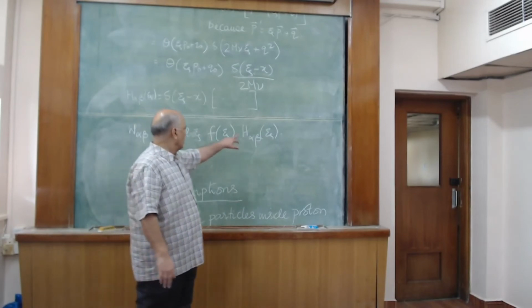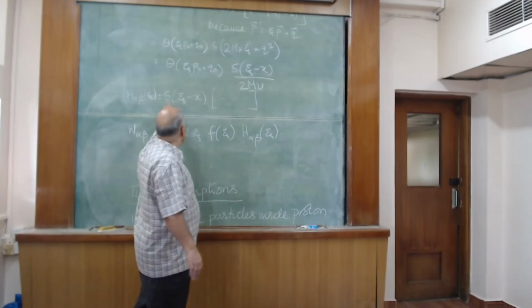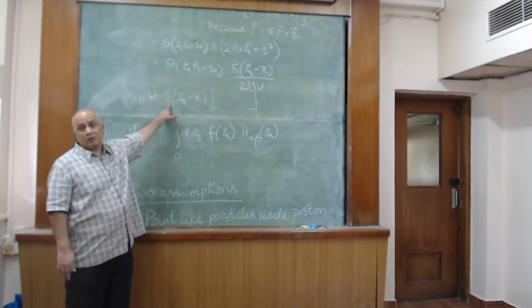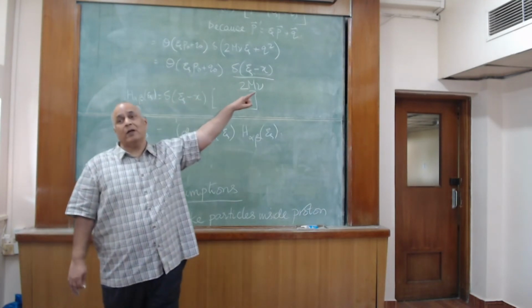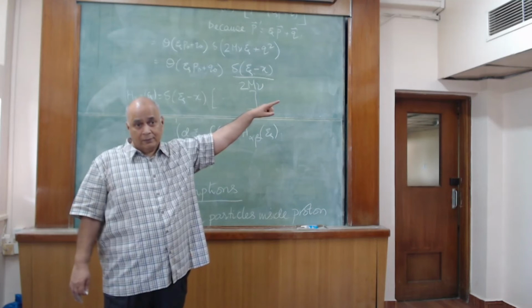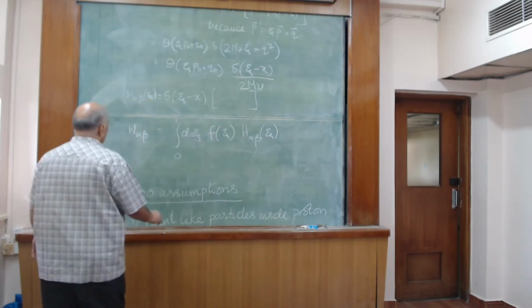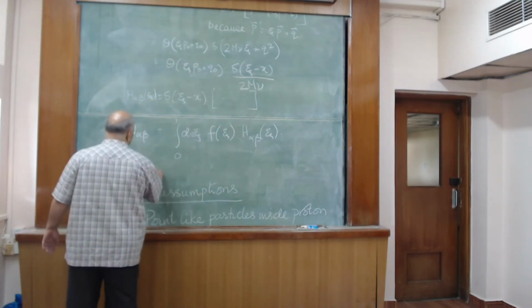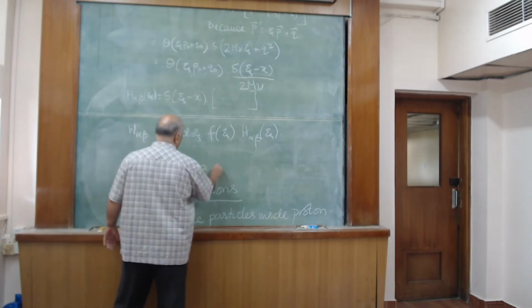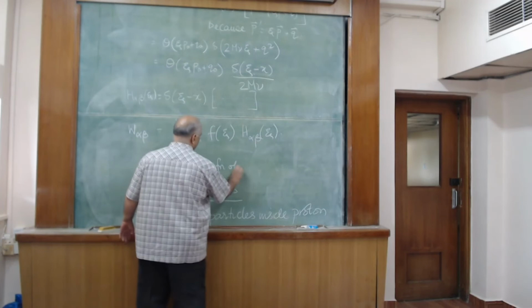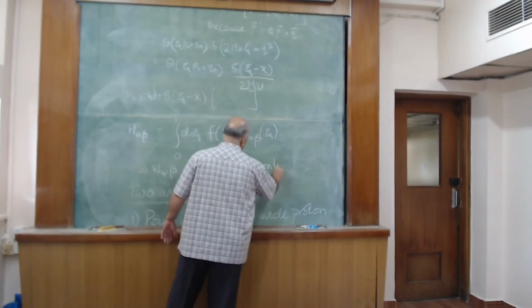But H alpha beta has this delta function xi minus x, where x is that inelasticity parameter that we have defined, which implies that this W alpha beta is a function of x only.